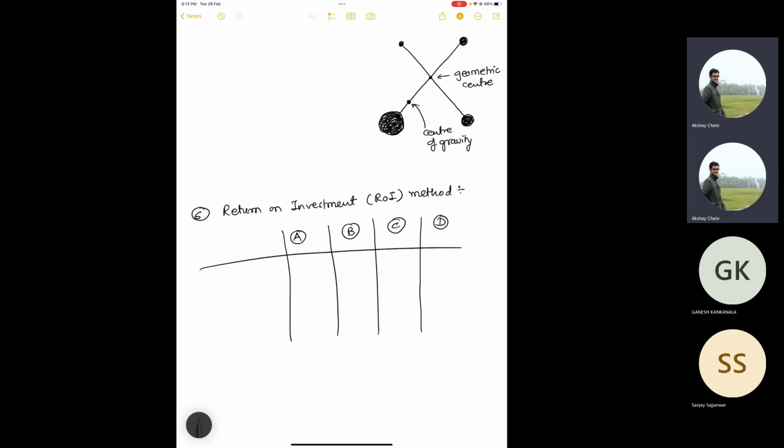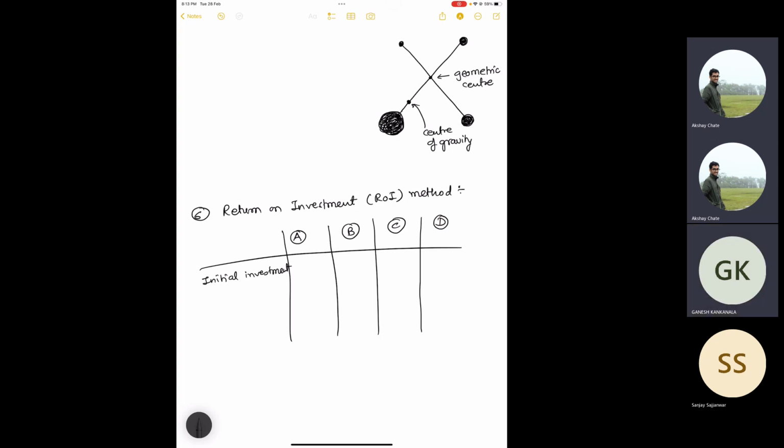So how will you go about it? First of all, you'll decide what is the initial investment for all these four. Can you tell me the most important criteria that will affect your initial investment if you have four factory sites to choose?